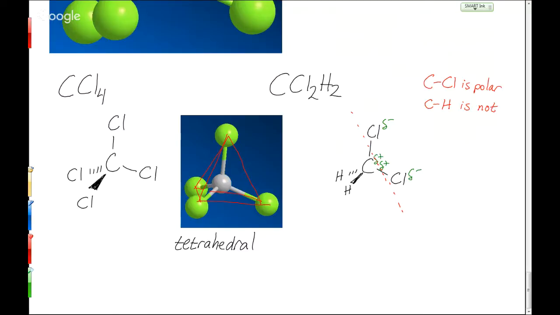I drew those in a bad spot, but let's see if I can fix that. Right, so if you cut in between those C and Cl bonds, you've got a positive side and a negative side. And so that is overall polar. So that molecule is polar.